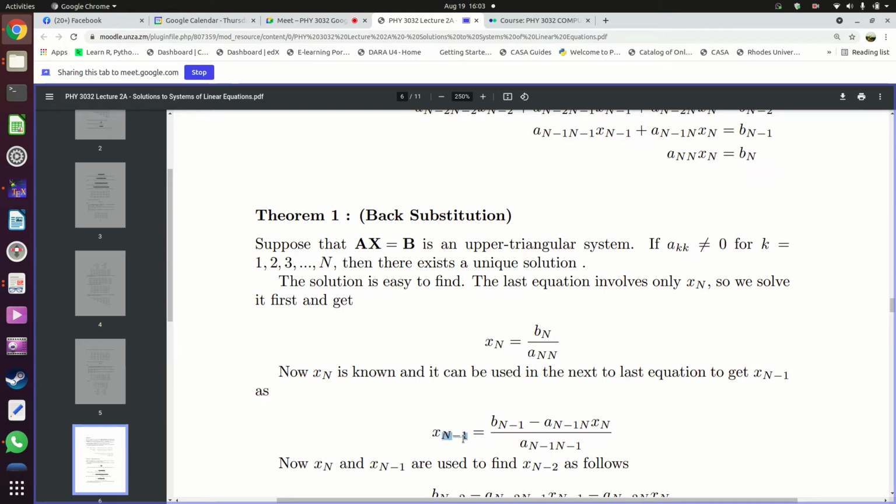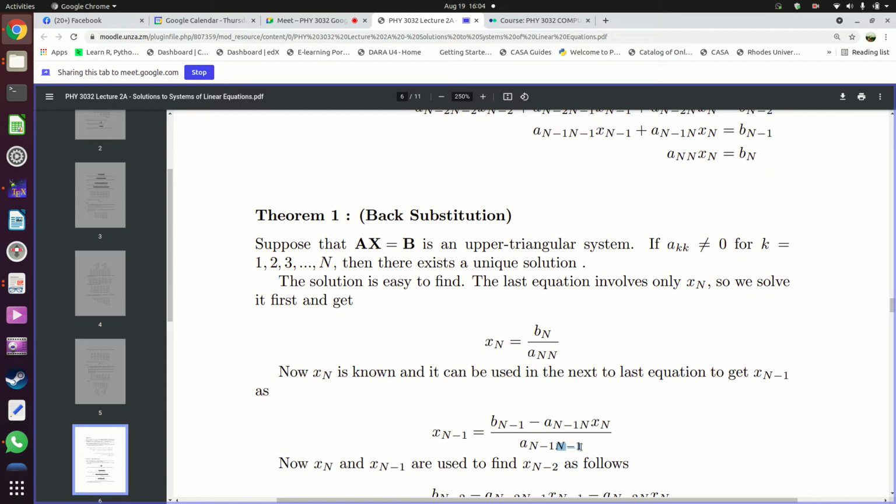N minus 1 is the number of the row. So your b is going to be b with the same row number, b n minus 1. Then your a is going to be a, n minus 1, n minus 1.